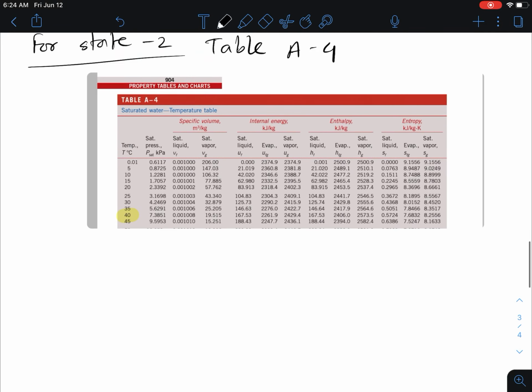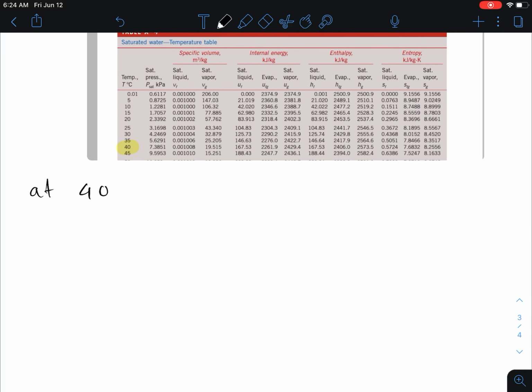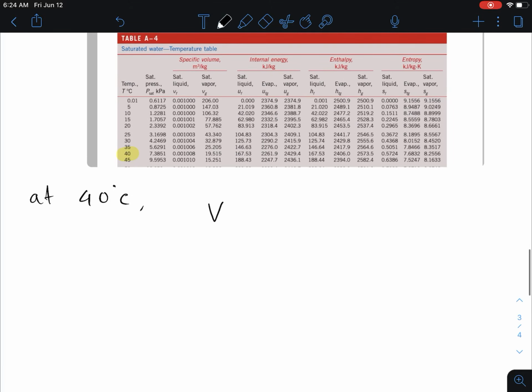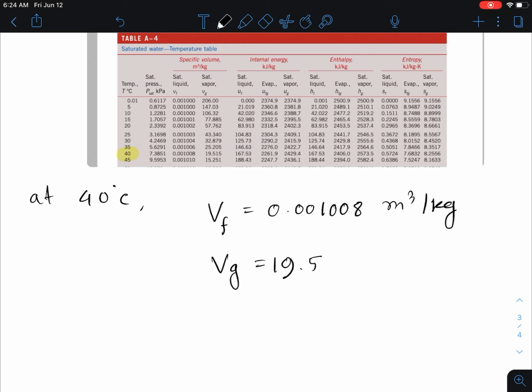So at table A4 and state 2, at temperature 40 degrees C, we have vf, the specific volume of saturated liquid, equals 0.001008 meter cube per kg, and we have vg, the specific volume of vapor, equals 19.515 meter cube per kg.